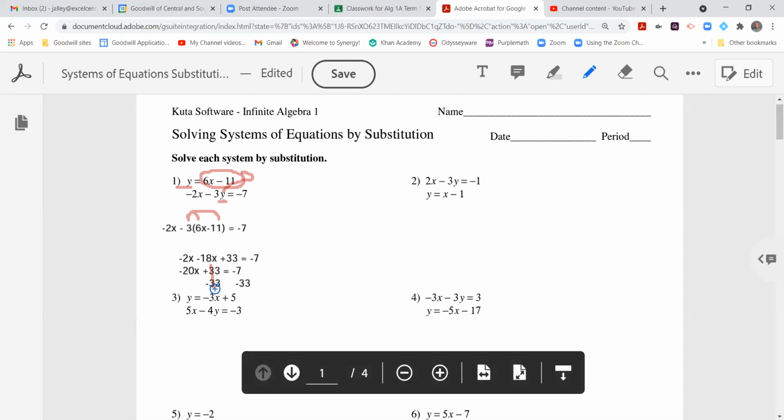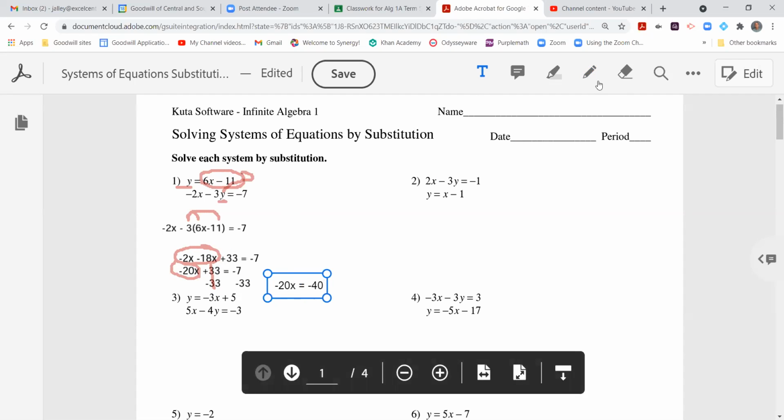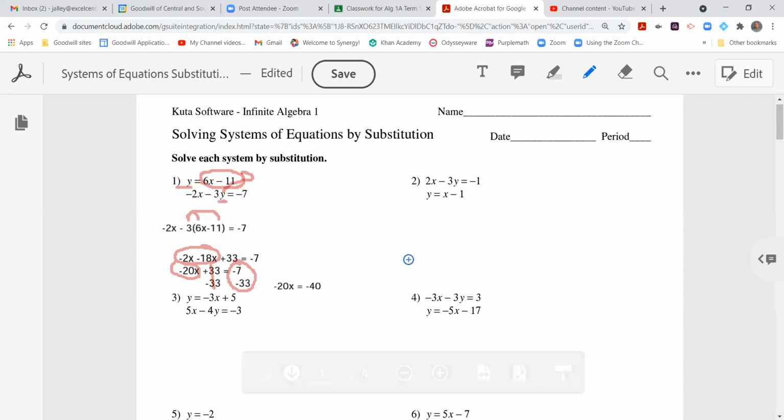33's cancel here. Those x terms got combined into that term. So my next row would be minus 20x equals -40. Okay, where did the -40 come from? -7 and -33 together give me a larger negative, give me -40.